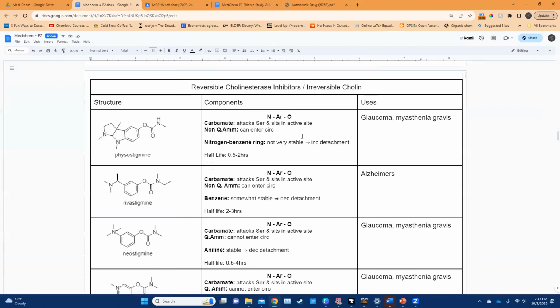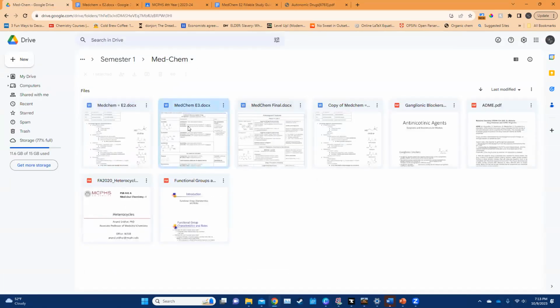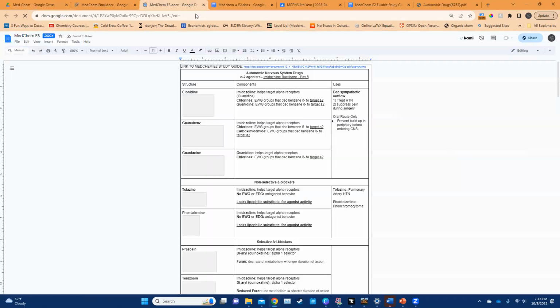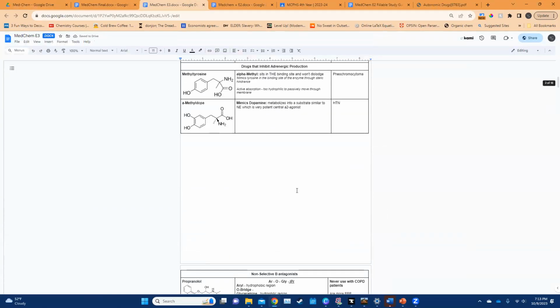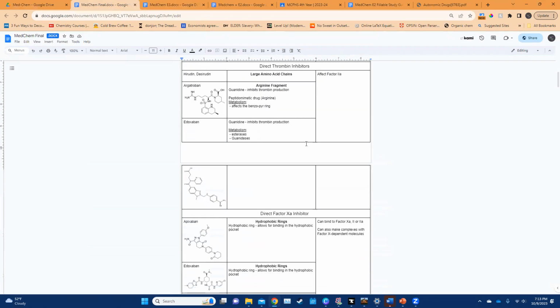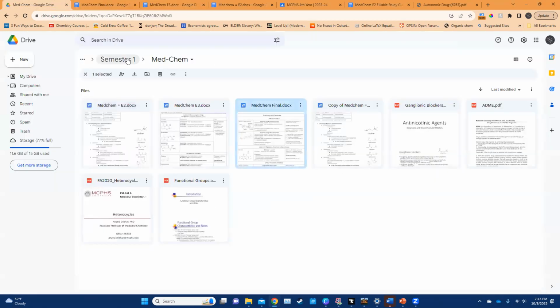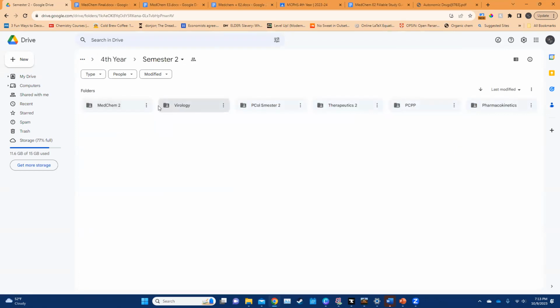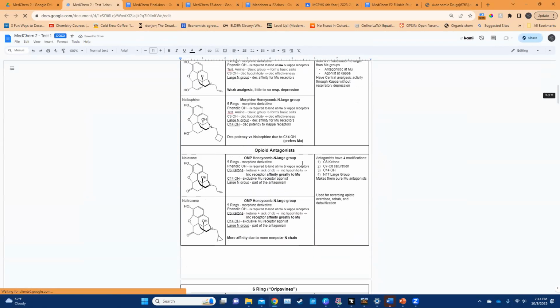But I want to make sure that you have the information so that even if we don't finish today and it's going to take us a while to come back to it, you still have a way of accessing the information. And just so you know, exam 3, exam 4, and all of the second semester is the same thing.